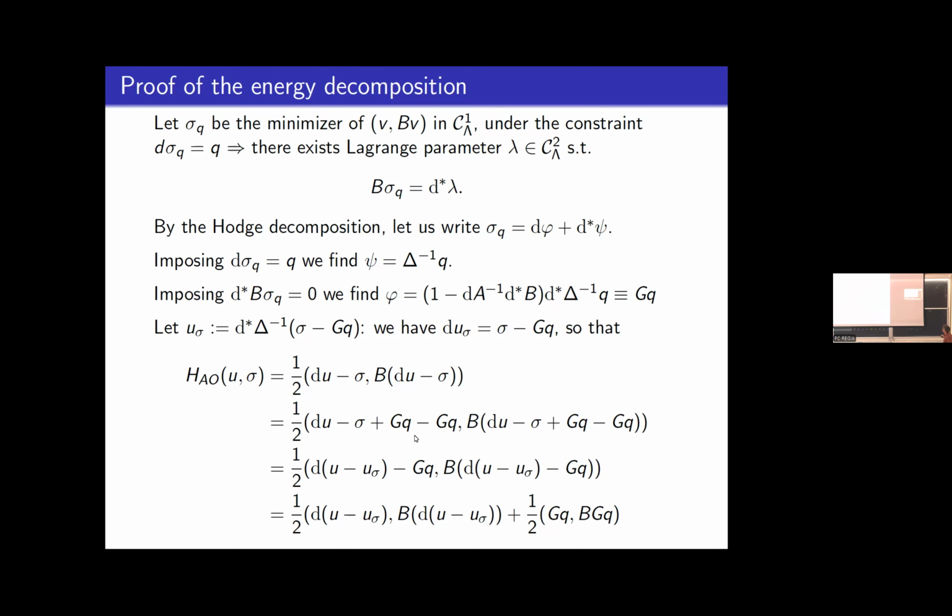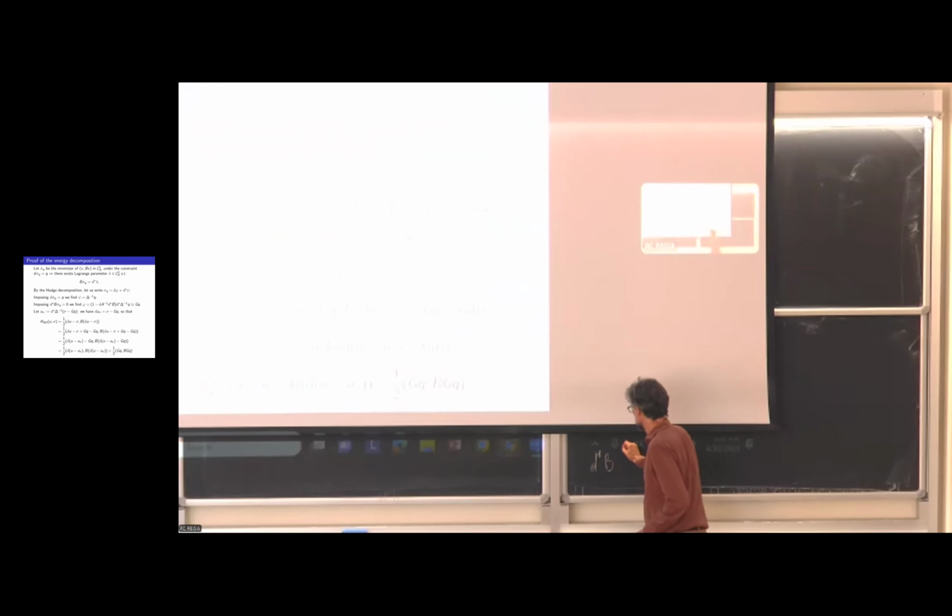So from d star b sigma q equal to 0, I get d star b sigma q is equal to d phi plus d star delta minus 1 q. This is equal to 0.